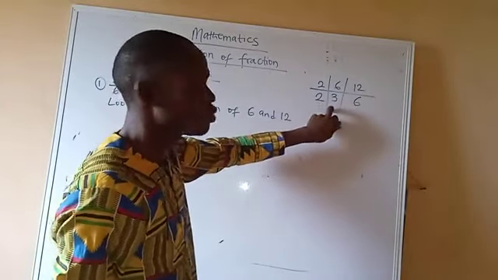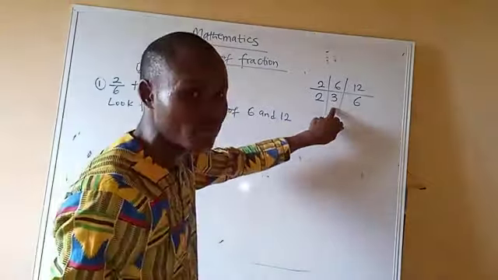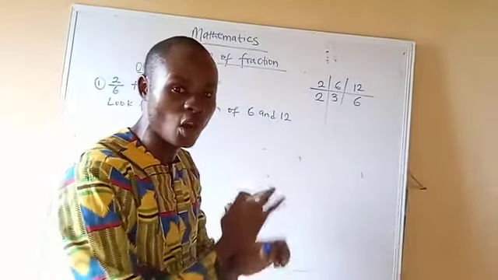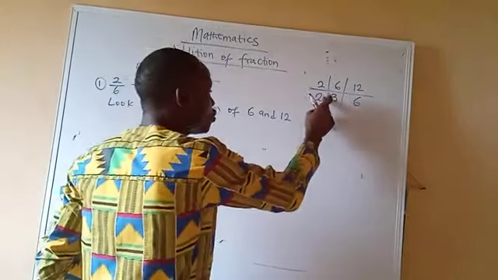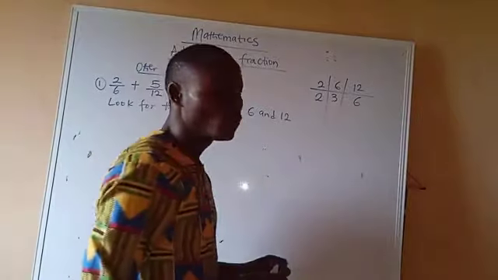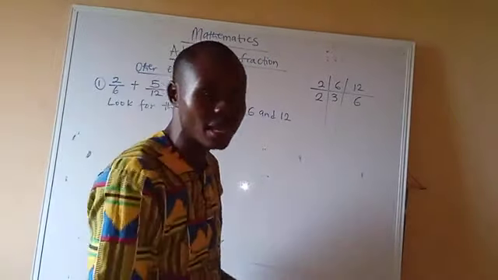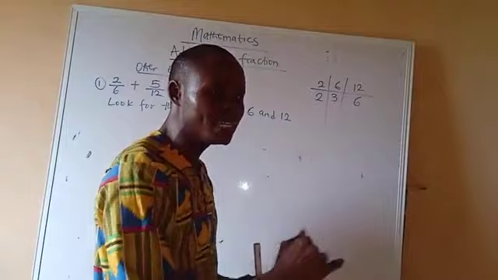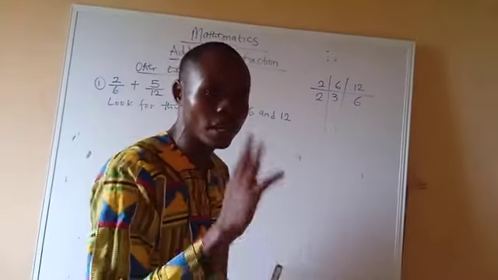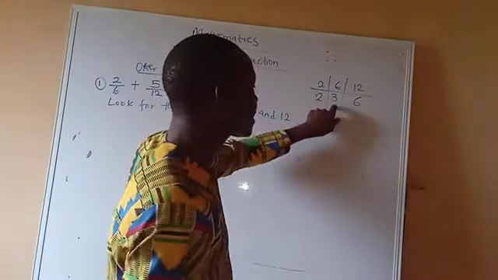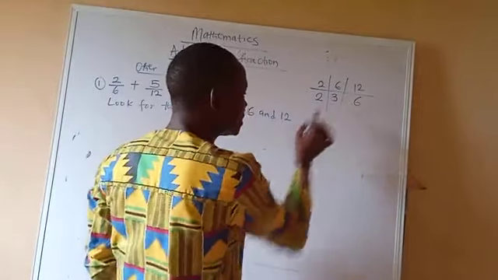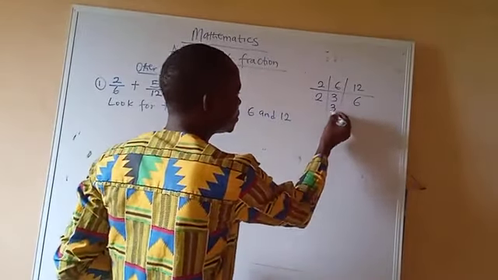Because it cannot divide it without remainder, you repeat this same number. This is how LCM is done. Because 2 divided into 3 will give you 1 remainder 1. There will be a remainder, but we are bringing it to the level whereby there will not be a remainder. Because 2 cannot divide 3 without a remainder, you repeat this 3.